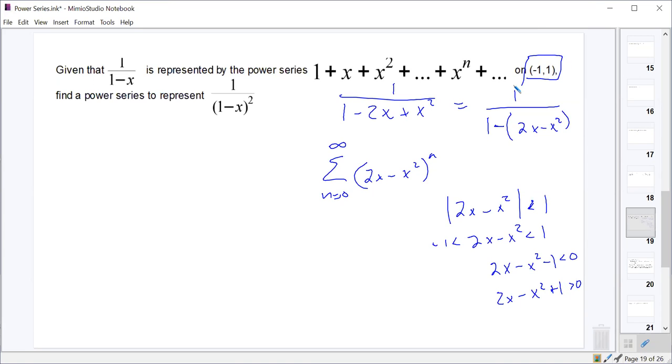So what we want to try to do is see if we can find a power series representation of it that's still valid on this same interval. Maybe I should have said that from the start, but I want it to be valid on that same interval. And so this method, while it does give us a series that would work on some interval, it's not necessarily valid on this same interval.